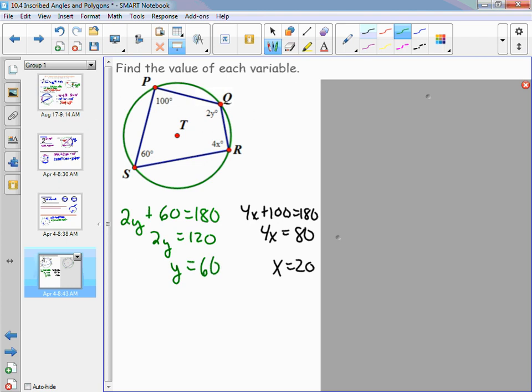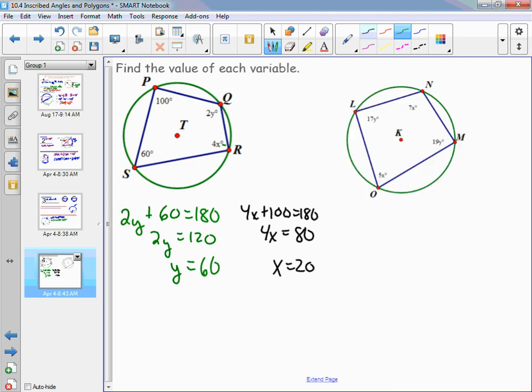And again, no degree markers because we're solving for a variable, and the degree marker is there already. One more example.